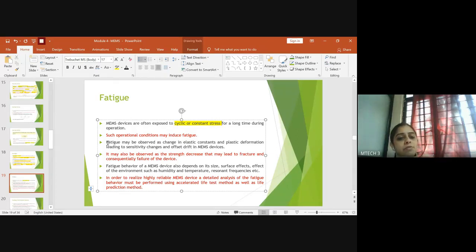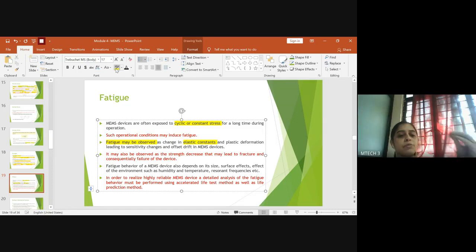This type of fatigue could be observed as a drastic change in elastic constants. When you have a material, it has elastic and plastic properties. It will show its elastic nature until the particular point where yield strength is reached. Then it goes into plasticity, where the plastic deformation happens and it won't come back to its original position.